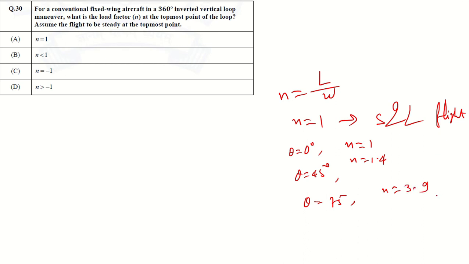But if the aircraft is flown right way up, it is N equal to +1. If the aircraft is flown upside down, N equal to -1.